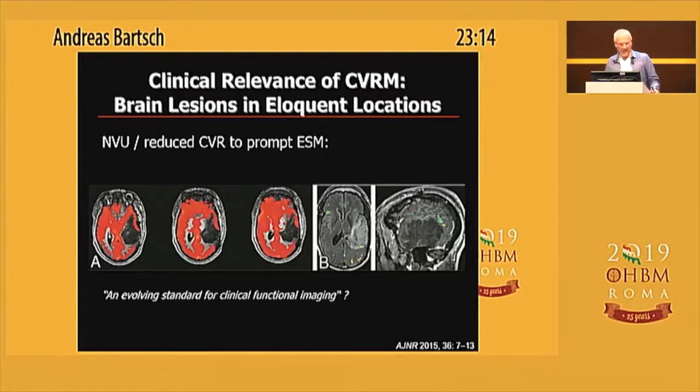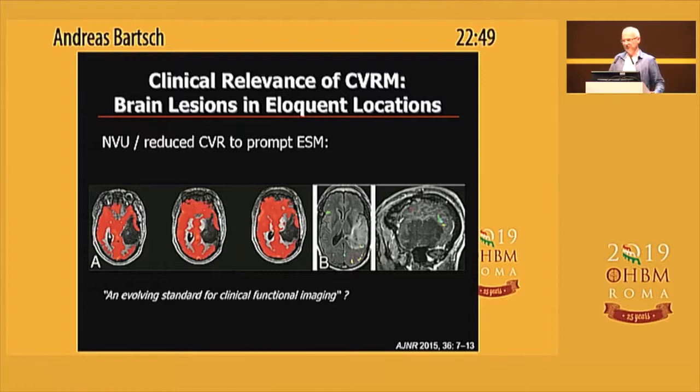And the other clinical relevance is that if we have no cerebrovascular reactivity in or around a brain lesion, then the idea is that any fMRI, like task-based fMRI or resting state fMRI, will not give us any useful information because we can't measure any response.